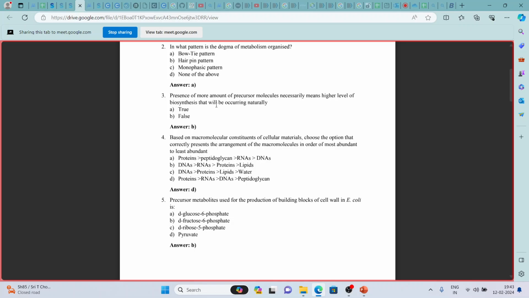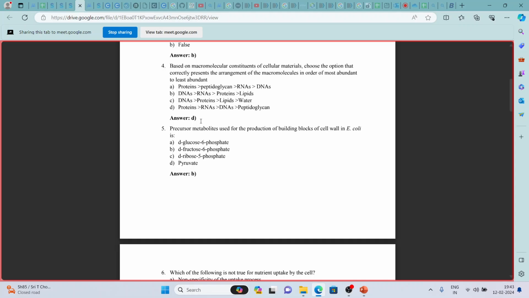The macromolecule that is needed is synthesized depending on the function. Only if a particular function is needed, that macromolecule is being synthesized. And only if that macromolecule is being synthesized, then more of the precursor will be utilized for the synthesis. So the answer here is false.